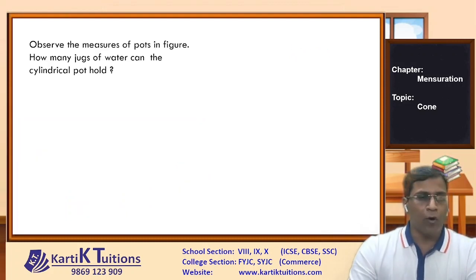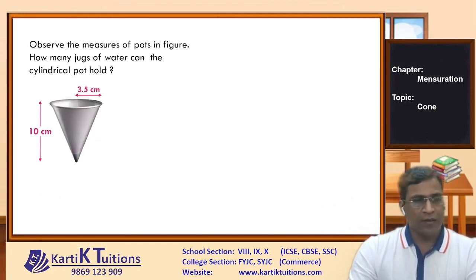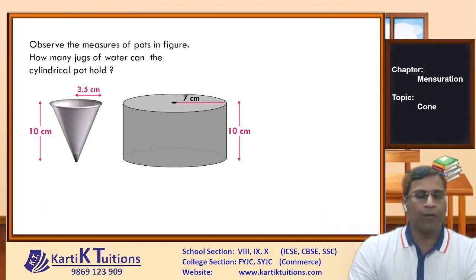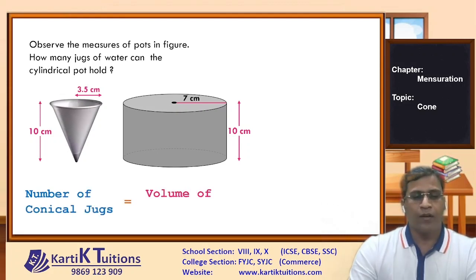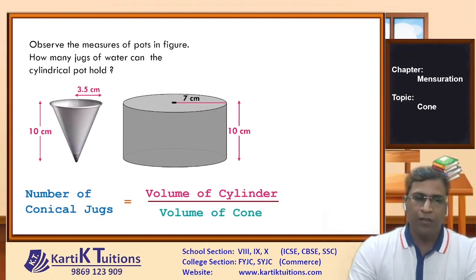Observe the measure of pots in the figure. How many jugs of water can a cylindrical pot hold? देखो, ये conical jug है and ये अपना cylindrical container है. अभी इसमें से पानी भरना है अपने को with the help of a conical jug. So what is the logic here again? Now we have to find how many jugs of water are needed. So basically, volume of cylinder upon volume of cone will give us the number of conical jugs.